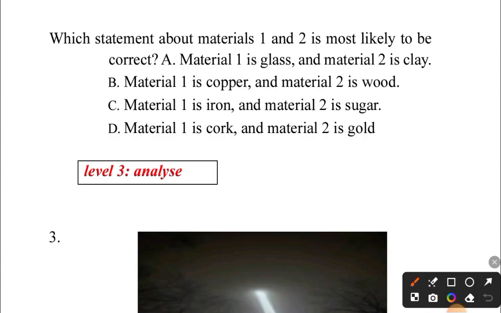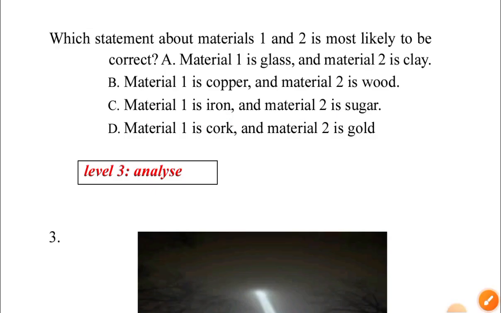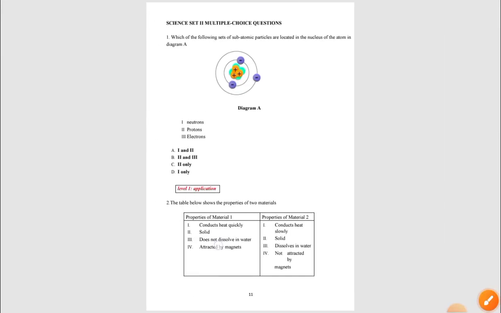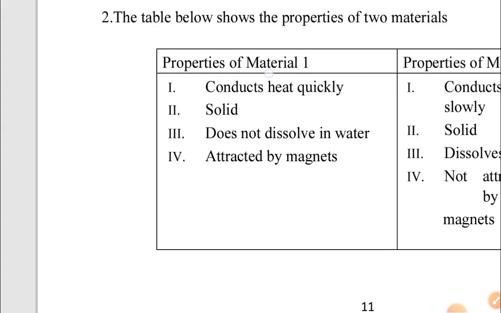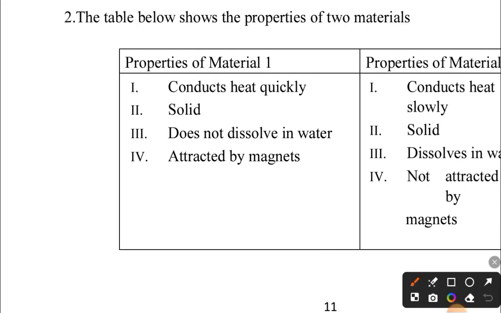So let's look at material 1 is iron and material 2 is sugar. Let's just assume. Material 1 being iron: iron conducts heat quickly, is a solid, does not dissolve in water, and is attracted by magnets.